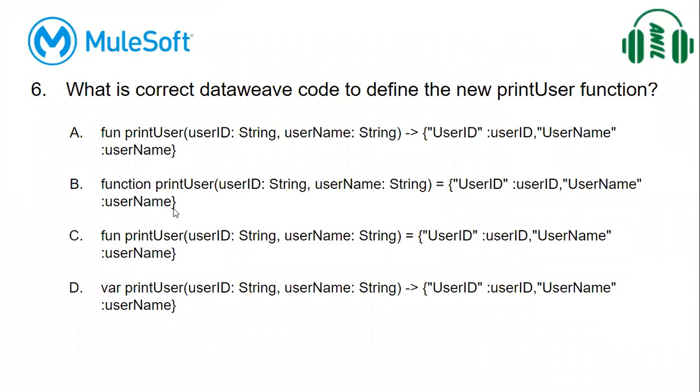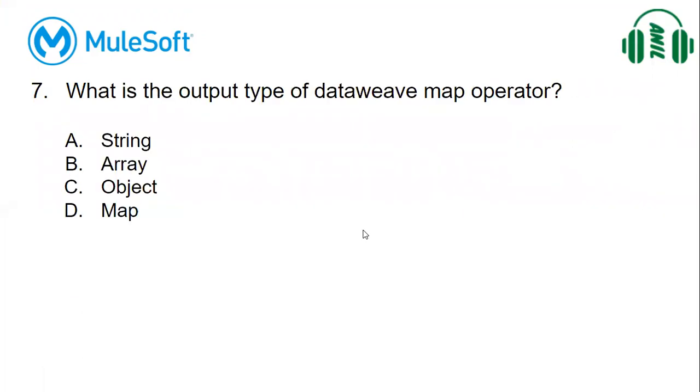In the options, see here: function, and it is fun, and it is variable. So B and D are not correct. And from A and C, this is not correct. So C is the correct answer for that. We need to observe this syntax and also this equal operator. So let us look into the next question.